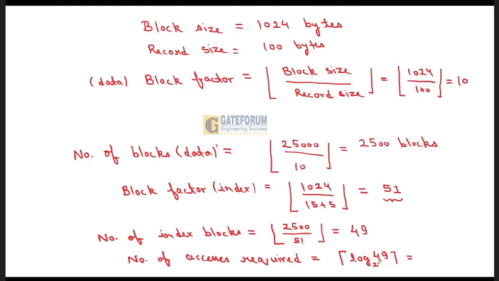Now you have to take the ceiling value. Here you can see 2 to the power 5 is 32 and 2 to the power 6 is 64. So this log of 49 base 2 will be 5 point something, and you have to take the ceiling value. So it will come out to be 6. So how many accesses will be required? Total 6 accesses will be required. So the answer will be 6. Okay. So I hope this is clear to all of you now.